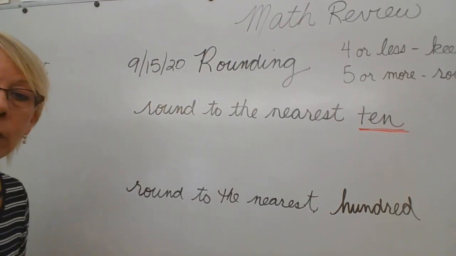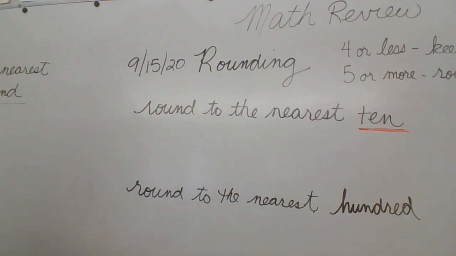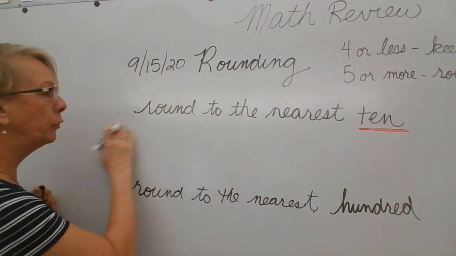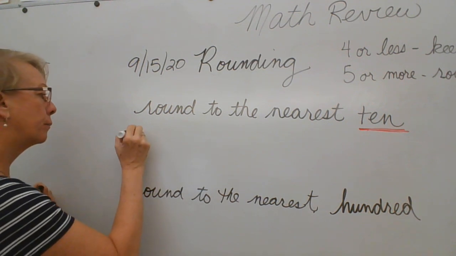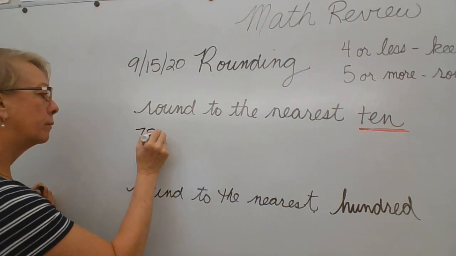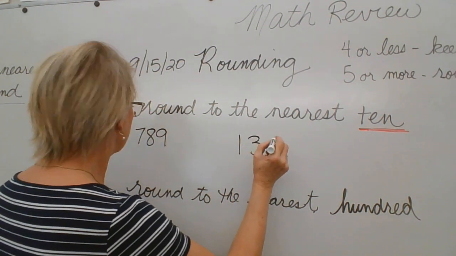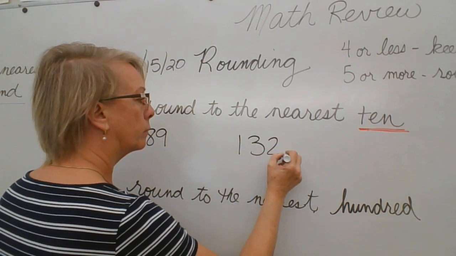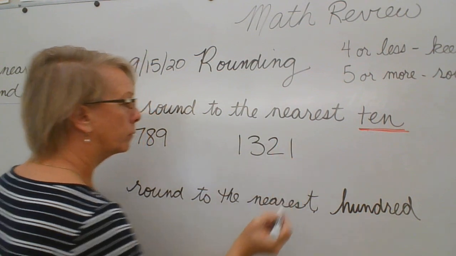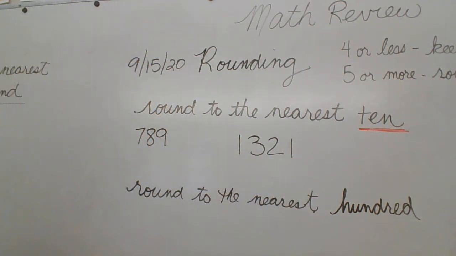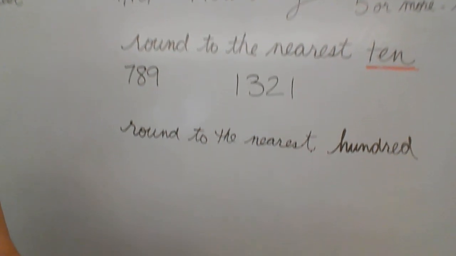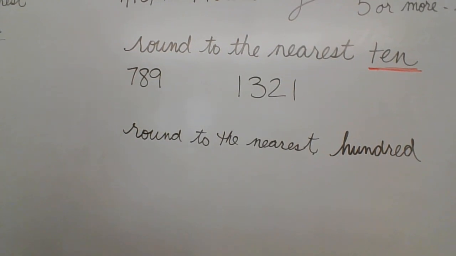So here's what I want you to do on your math review paper. Round these two numbers to the nearest 10. Write those down. Round these following two numbers to the nearest 100.